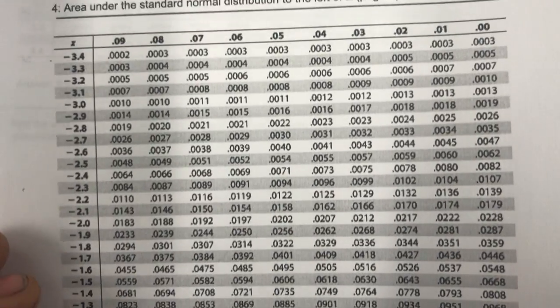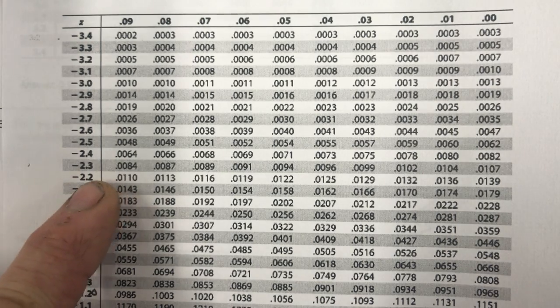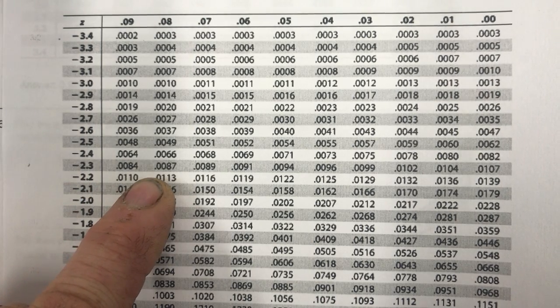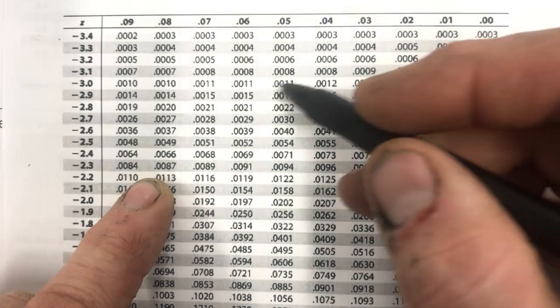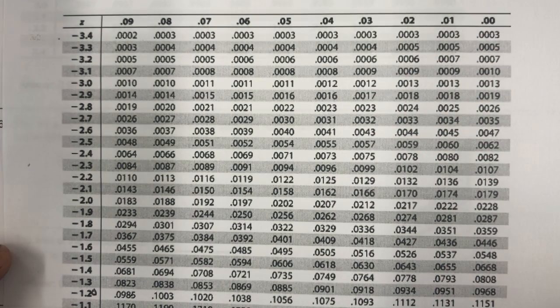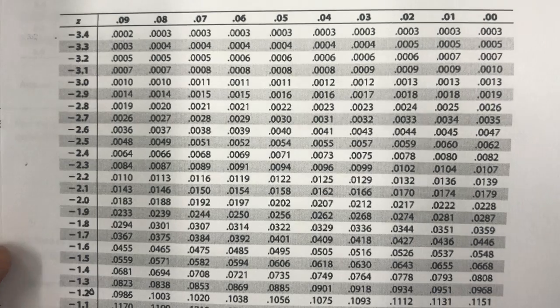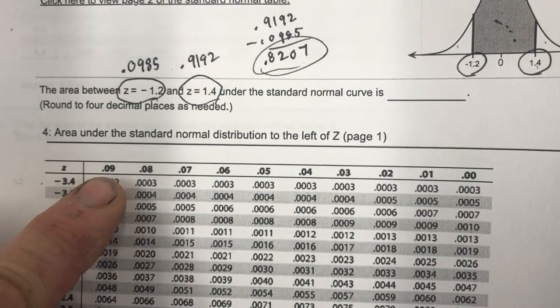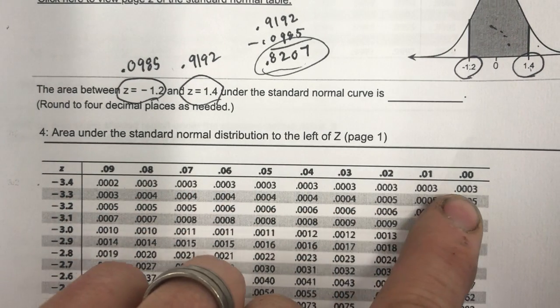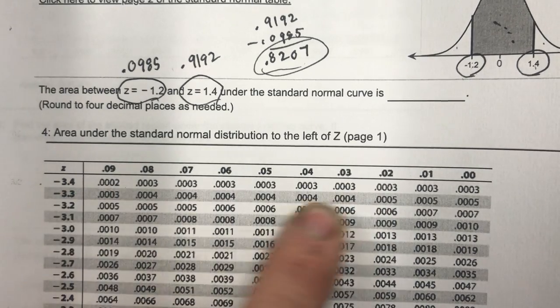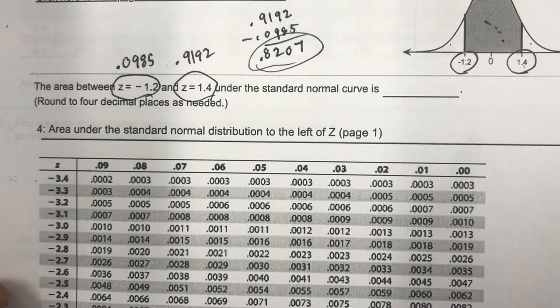Oh, wait a minute, they got these out of order. That's why we missed that problem, because these are 9, 8, 7, 6, 5. These are backwards. I didn't realize that on this.